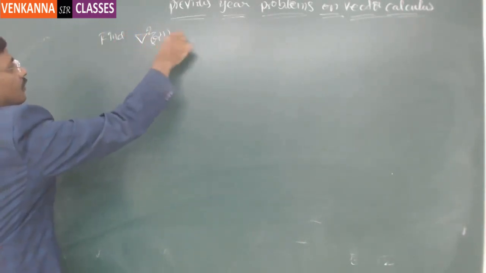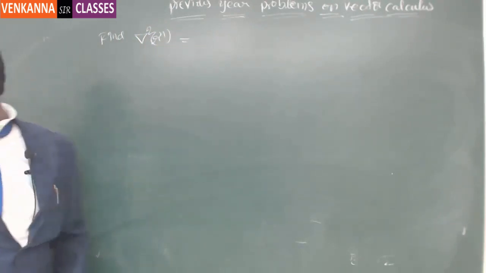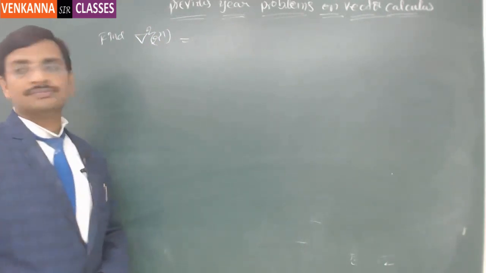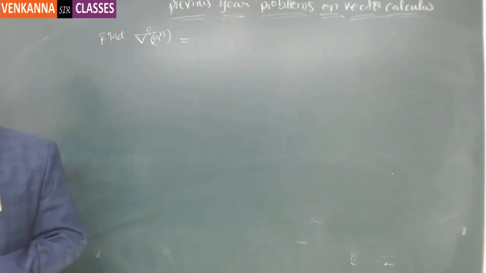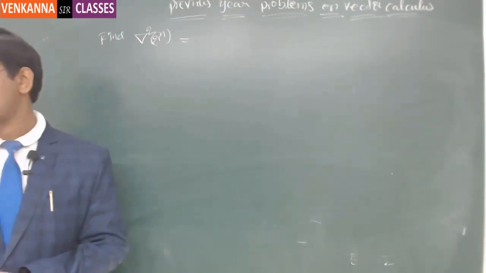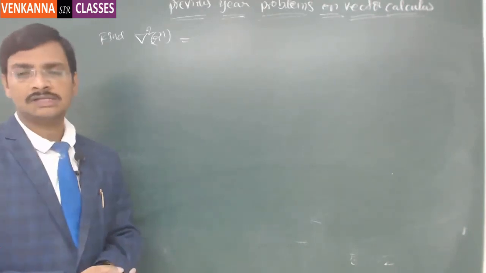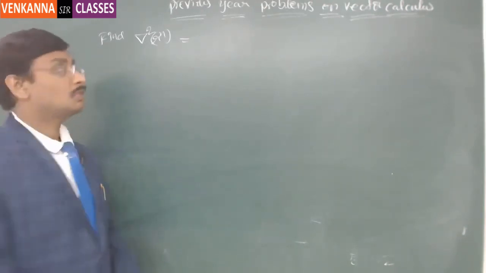This will be straightforward and simple. Can you find it out? This is, I think, a direct problem from BS Grewal. You want me to solve this? Okay, so let me solve this.